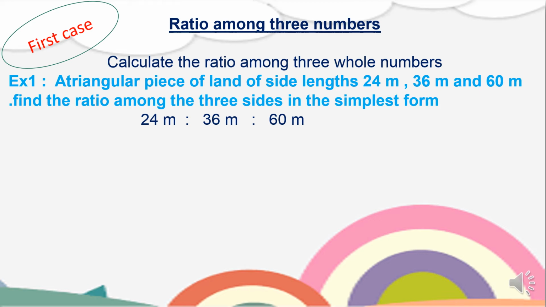The 3 units are the same. That means I cancel the unit because I don't have a unit in the ratio. Now I have 3 numbers in the ratio, 24 to 36 to 60. So 24 and 36 and 60 are divisible by what?